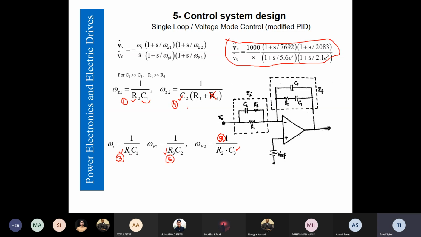So in this case, we have fixed omega I equal to 1000, omega Z1 equal to 7692, omega Z2 is 2083, omega P1 is 5.6 e raised to the power 5 at very high frequency, and omega P2 is 2.1 e raised to the power 5, a little lower than omega P1, but closer to the ESR zero.